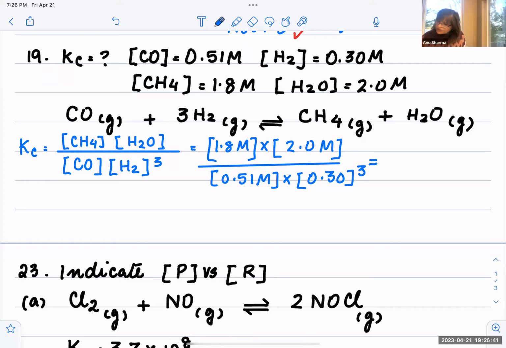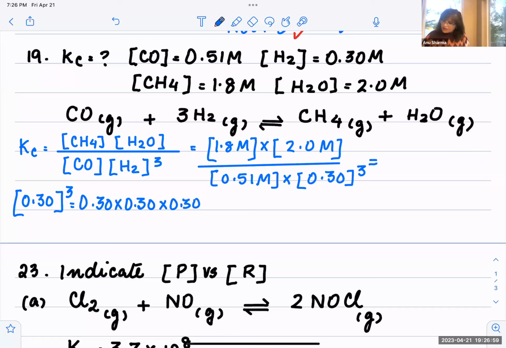So the rest is just math. Raised to the power 3 means 3 times, right? So 0.30 times 0.30 times 0.30.